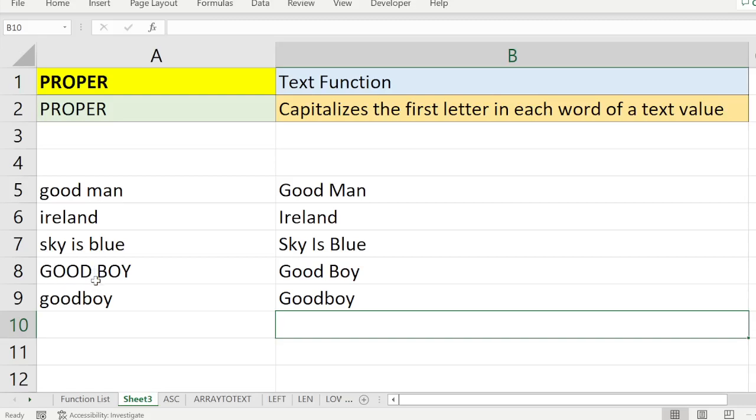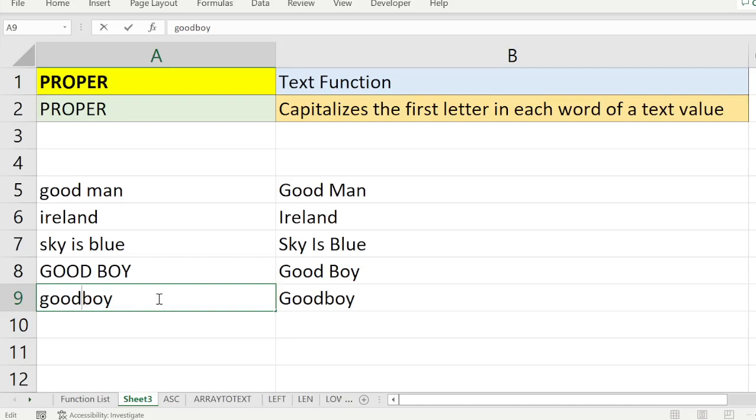If there is a space, then it will count as two words. Here, after good, there is no space, so it counted as one word, goodboy. Since it is one word, the first character is capitalized, but the remaining B it doesn't capitalize. If you introduce a space here, see what happens.